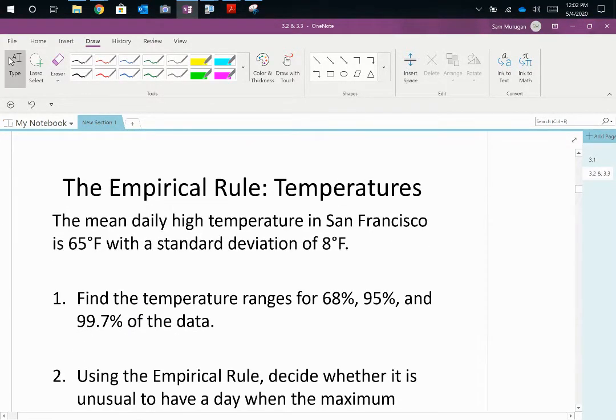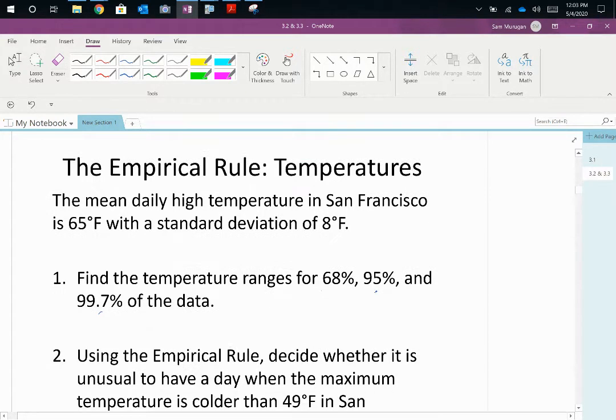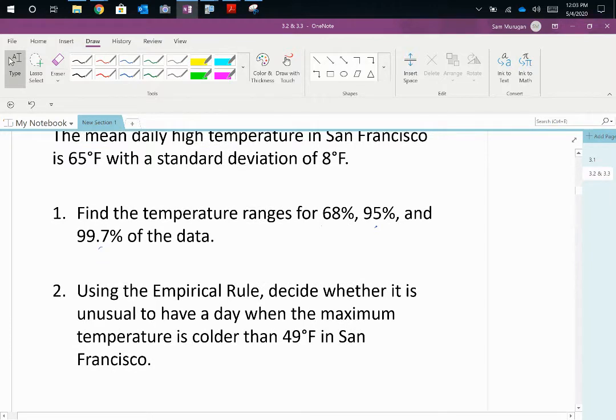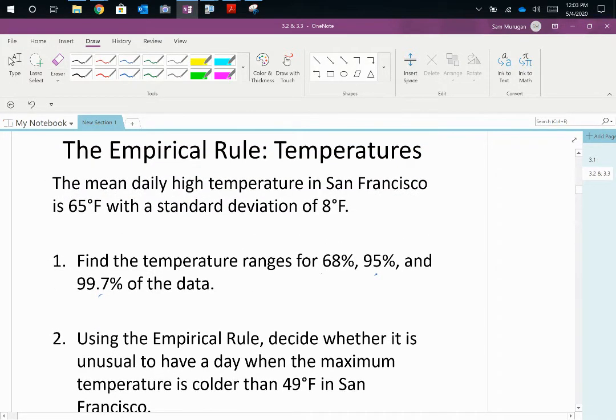Another example, the empirical rule for temperatures. The mean daily high temperature in San Francisco is 65 degrees with a standard deviation of 8. Find the temperature ranges for 68%, 95%, and 99.7%. Use the empirical rule. So we're given the mean and the standard deviation.